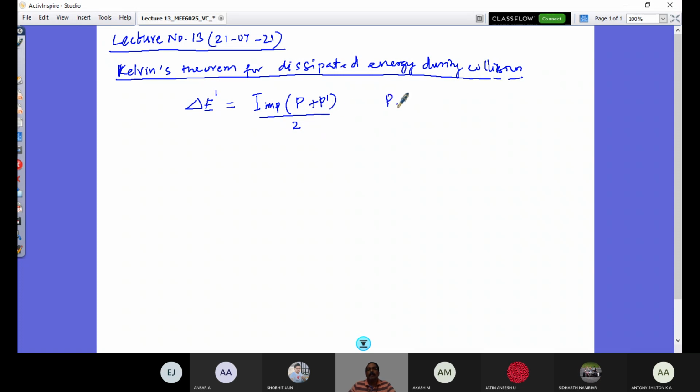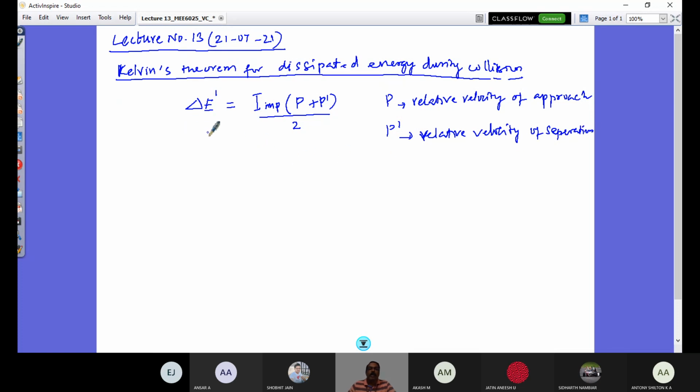This P is the relative velocity of approach, and P dash is the relative velocity of separation just after the collision.